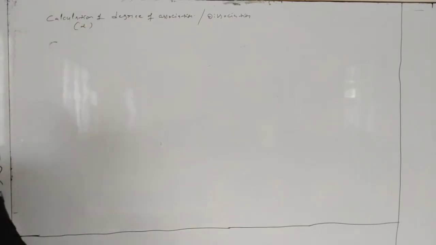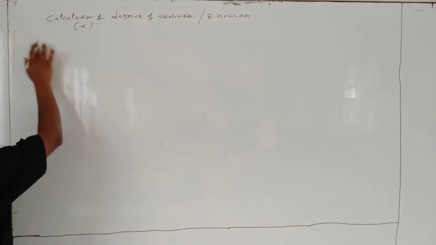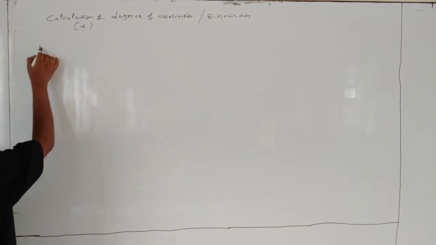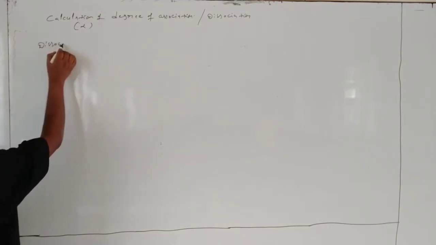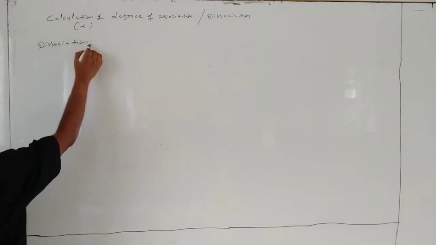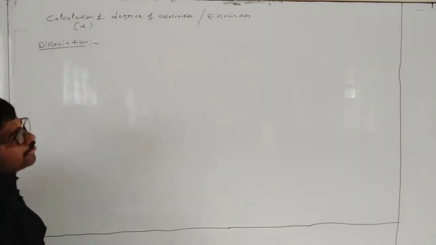By using the Van't Hoff factor. For example, the molecules undergo dissociation.